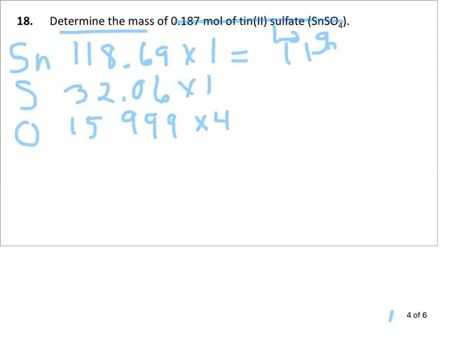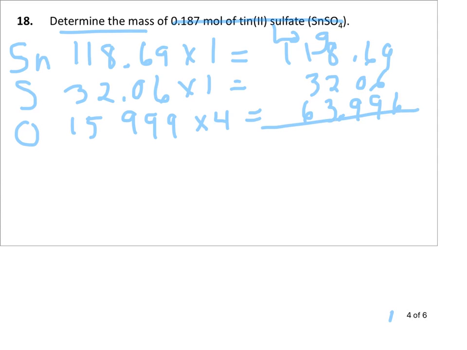Multiply. And then we add all that up and you get 214.746.